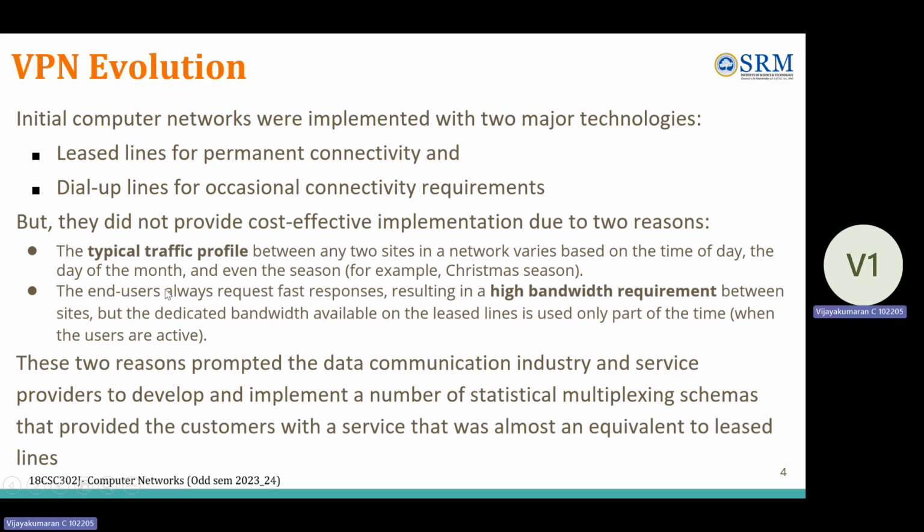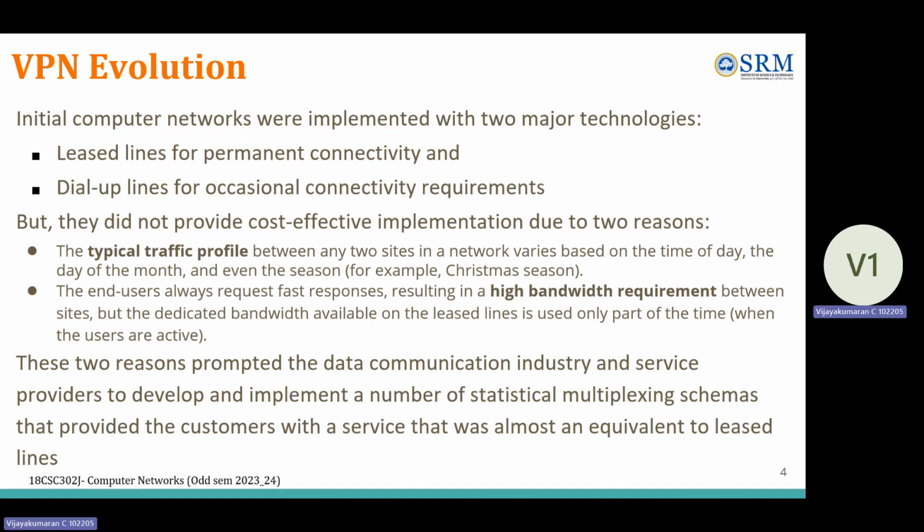Similarly, for the New Year season. So we cannot anticipate the typical traffic profile in advance in these kinds of networks. Then the end user always requires a fast response, and only then can we withstand in the market. So high bandwidth requirement is the important one, but in the leased line, whenever the connection is utilized, the bandwidth is properly used. Otherwise, the bandwidth is wasted.